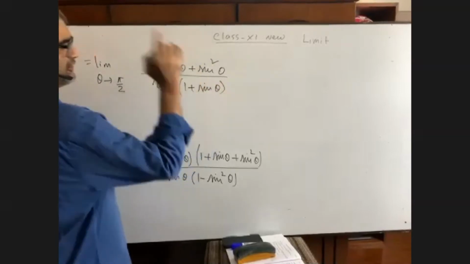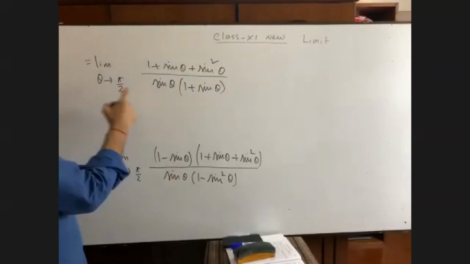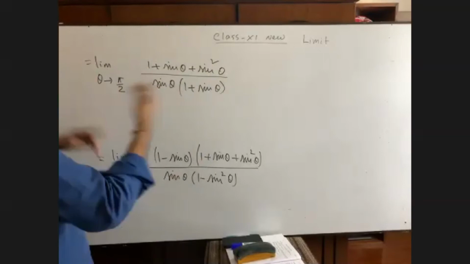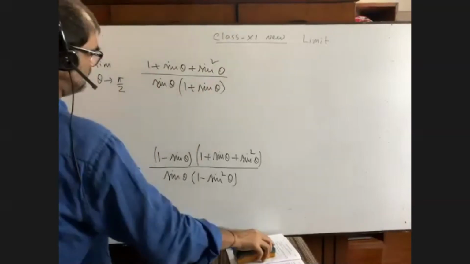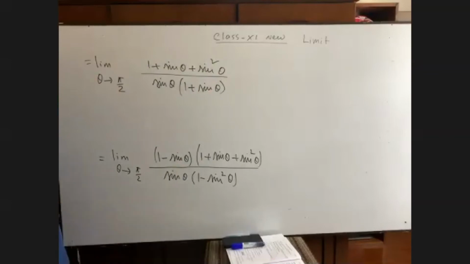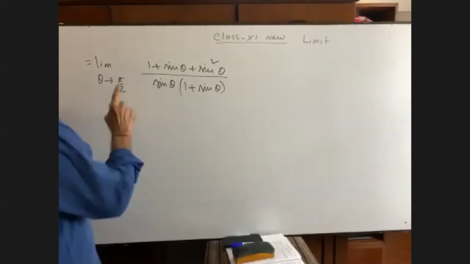Talk to me, please. Theta equals pi by 2, right? Sine pi by 2 equals what? 1. So I can now put the value. No other calculation will be there, because we can put the value.